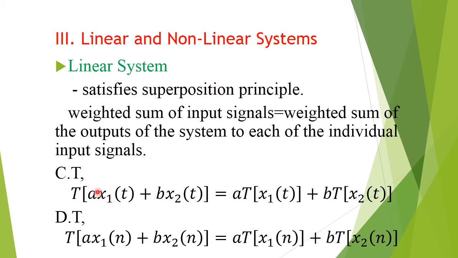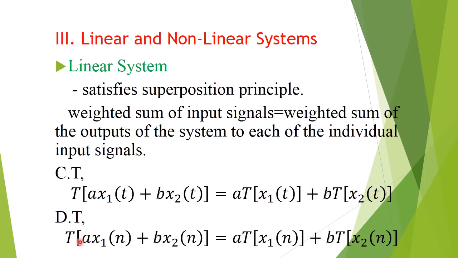That is, T of a into x1 of t plus b into x2 of t is equal to a into T of x1 of t plus b into T of x2 of t. So individually we have to perform the calculation and add, and check whether it is equal to the LHS.